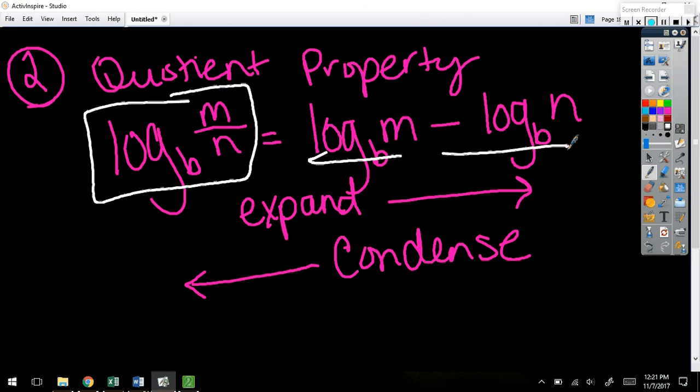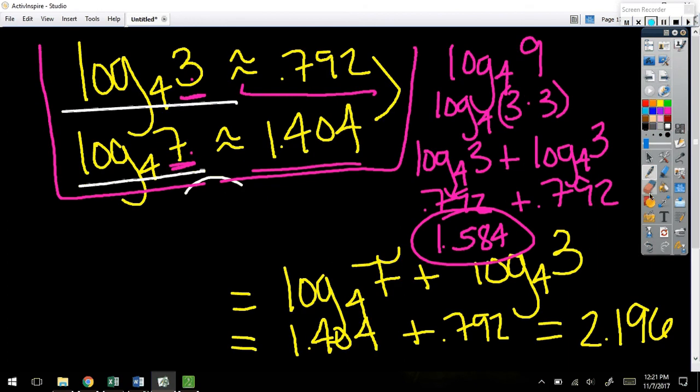All right, let's take those same log base 3 and log base 7.